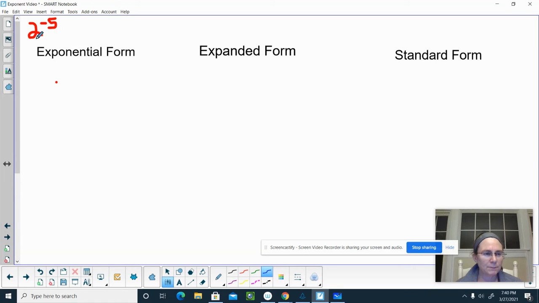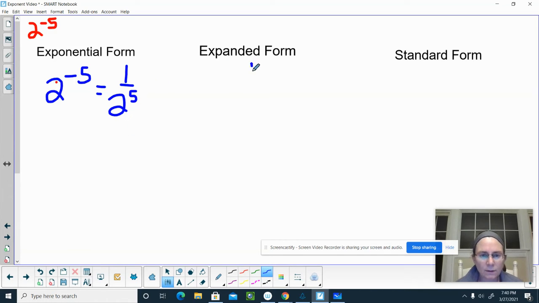All right, I have another example here. 2 to the negative fifth. Again, exponential form is still 2 to the negative fifth. Now we can rewrite that as equal to 1 over 2 to the positive fifth. They are equivalent. They're both exponential form.